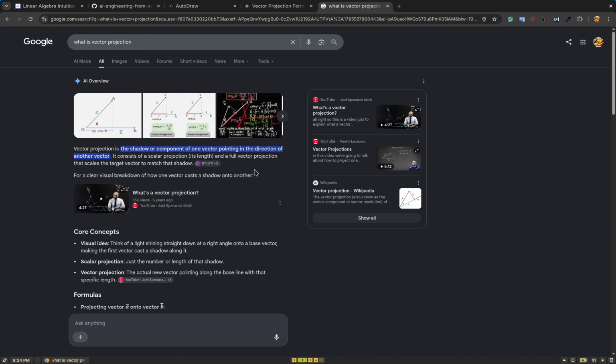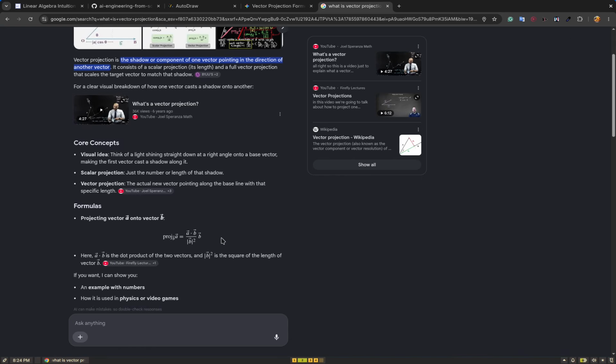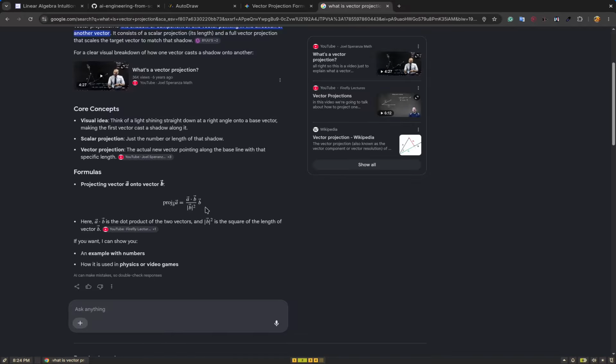One vector pointing in the direction of another vector, so projecting a vector onto another. Light shining down at you, so the scalar projection is just the number, the length of the shadow. I understand this enough.